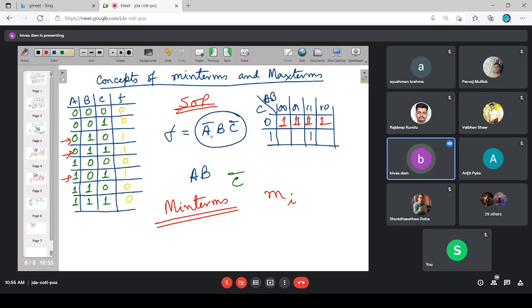When the product term is A bar B C bar, what is the input combination? 0, 1, 0. So what is the decimal equivalent value of that? 2. So this is nothing but M2. Clear?